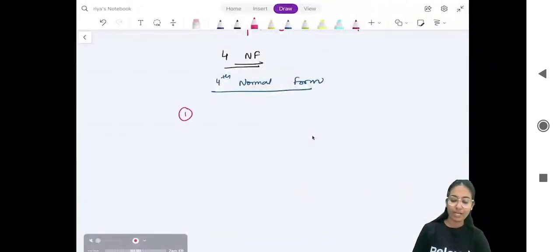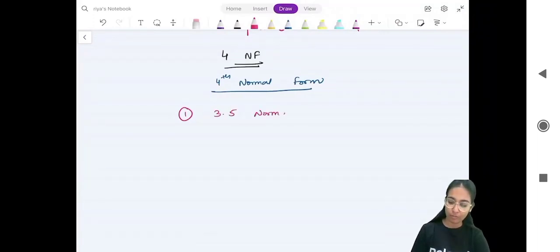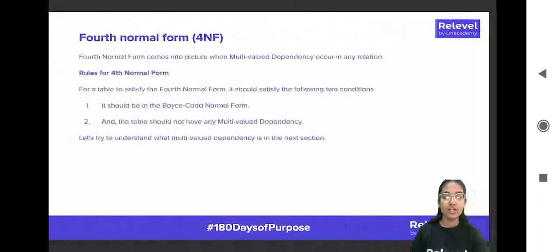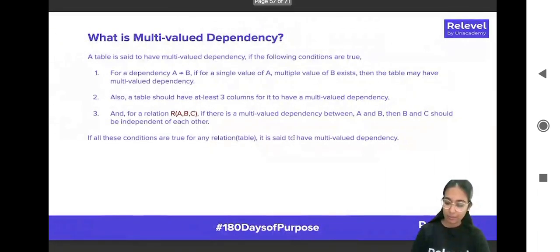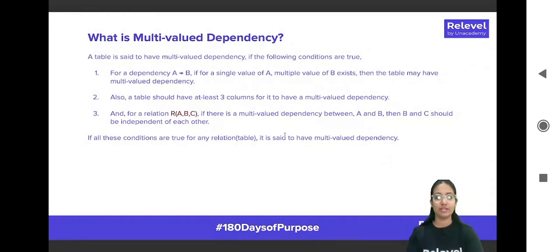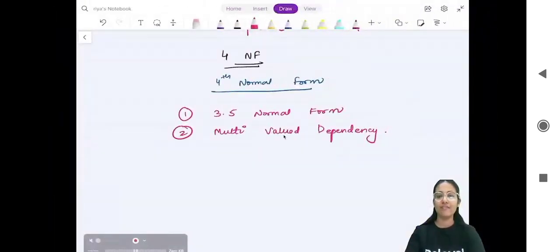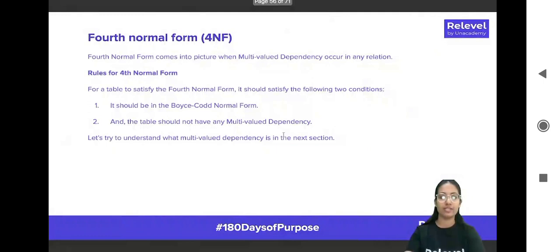So in order for a table to be in fourth normal form, first of all, it should be in 3.5 normal form, and then it should not have any multi-valued dependency.